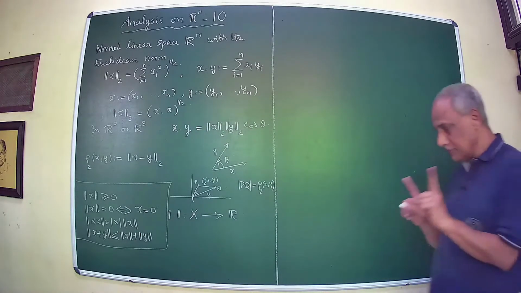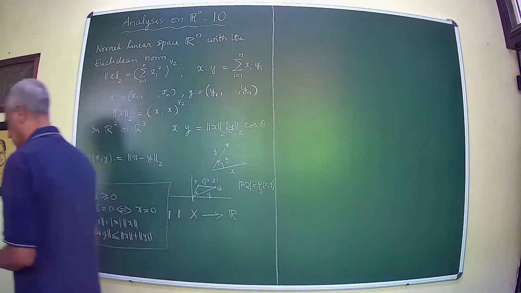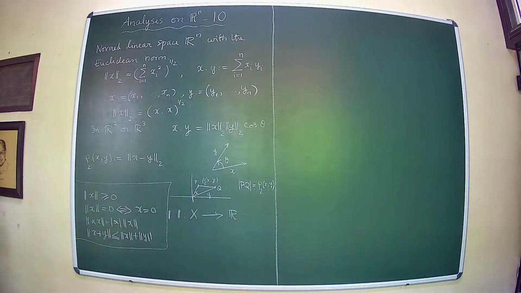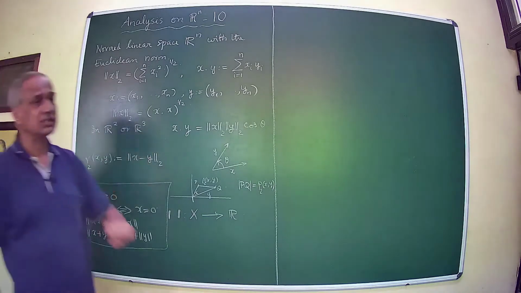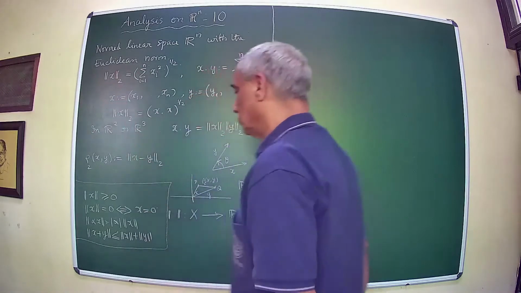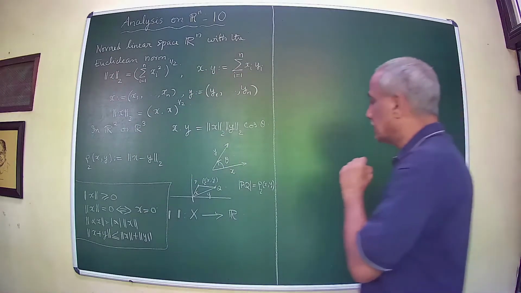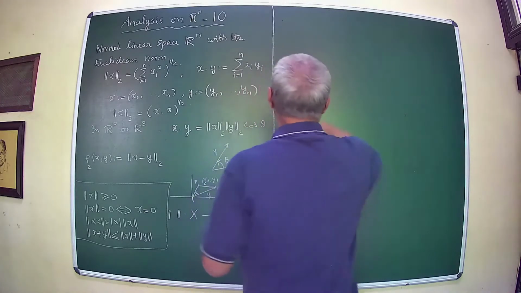Now the important thing that you should observe is that on Rn you can introduce several functions of this kind, not just the norm 2 function. For instance, let us look at R2.